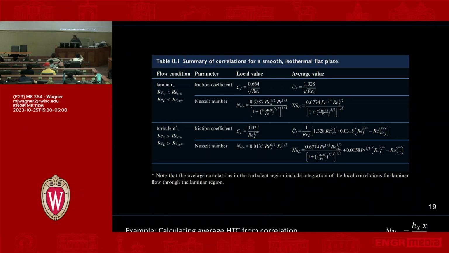This down here would be the local value for turbulent flow. And then the integral here is the integral of the laminar function only, because obviously you wouldn't have had turbulent flow. So this is laminar only. Down here, this is going to include both laminar and turbulent. It's the integral over both of those regions.